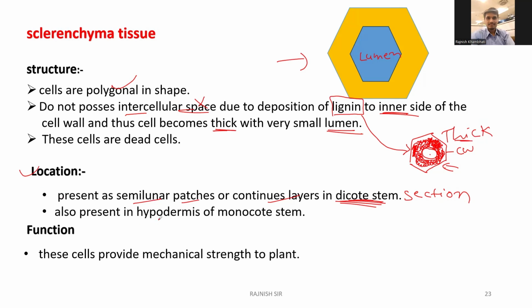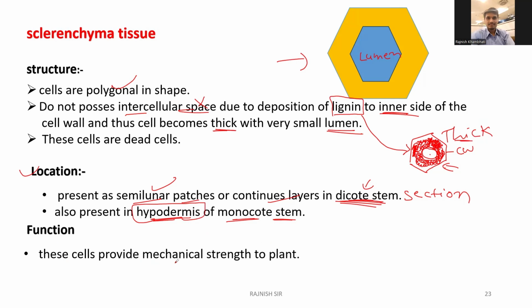Secondly, they are also present in the hypodermis of the monocot stem. In dicot, they are semilunar patches, and in monocot, they are forming the hypodermis.